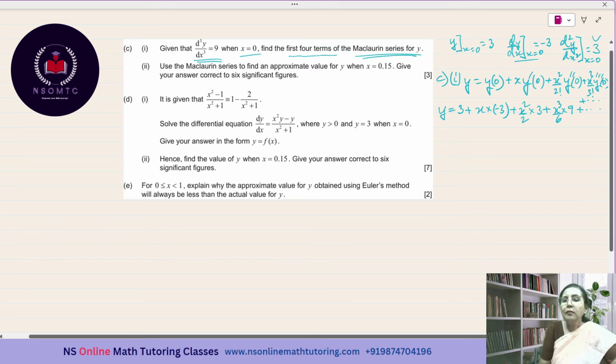Okay. So this is y equal to 3 minus 3x plus 3 over 2. You can keep it as 3 over 2 or you can write it as 1.5, up to you. X square, and this is also 3 over 2. 3 times 3 is 9 and 3 times 2 is 6. So this is plus 1.5 x cube and so on. So this is the answer for the subpart I.